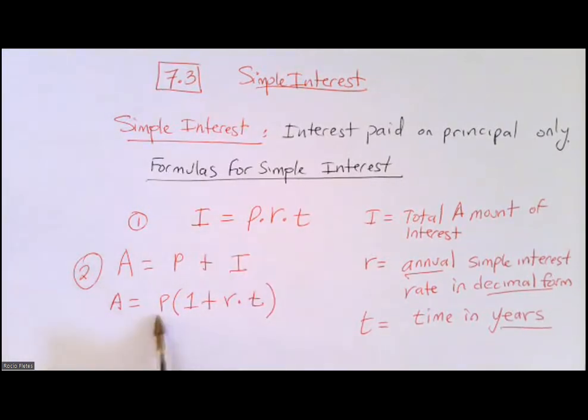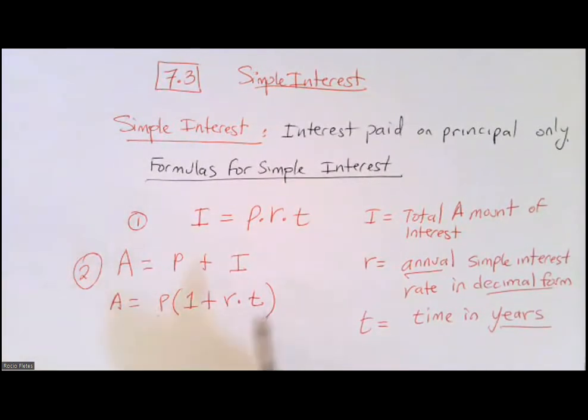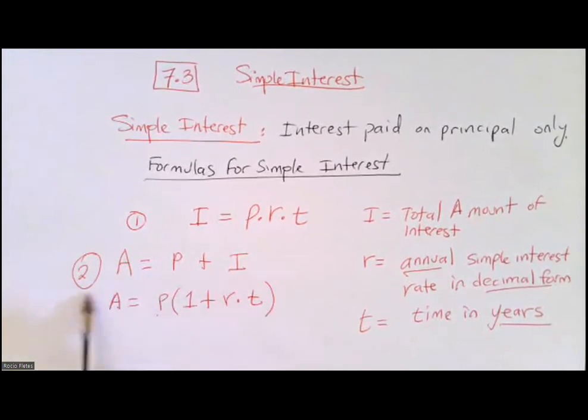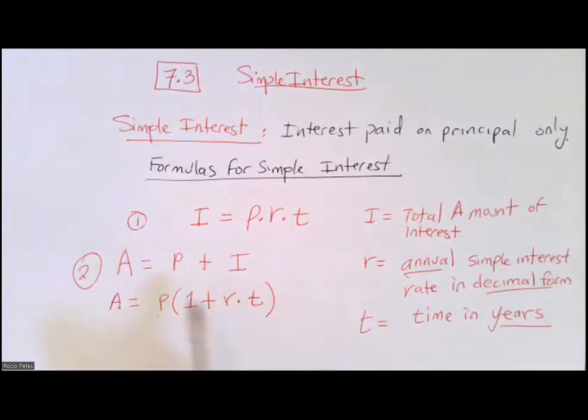You can write it either way. Sometimes it's useful to write it this way because the problems we're going to do require us to find maybe R or T, so it's probably best to write it in the second form. Now, they're equivalent.